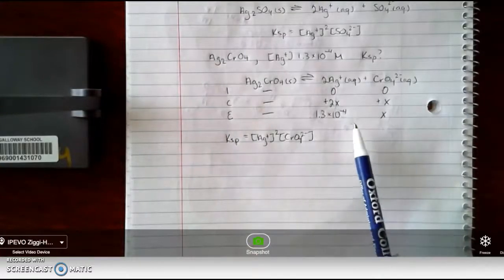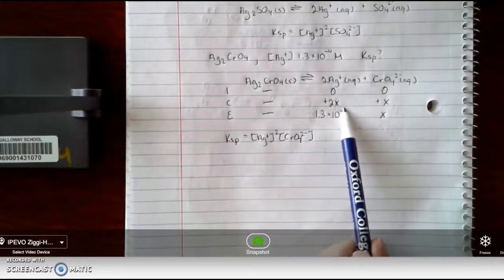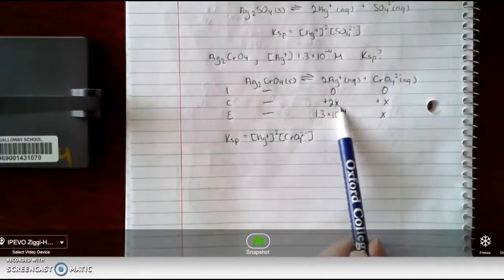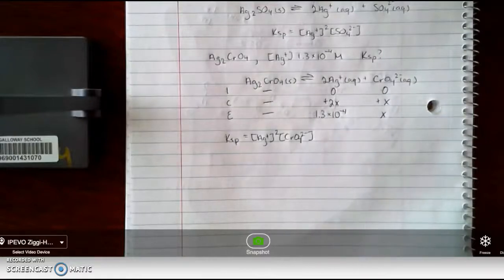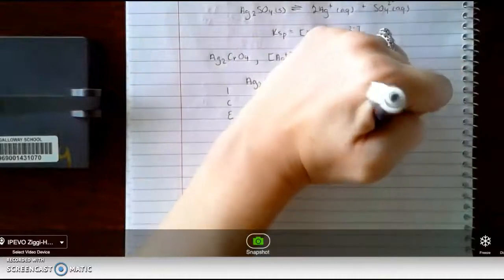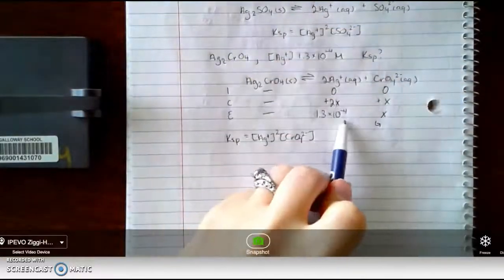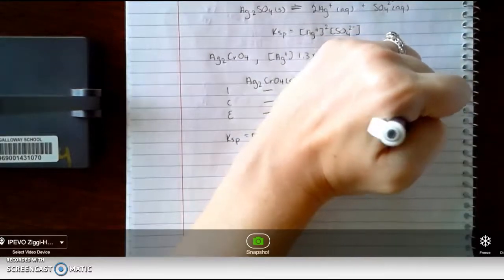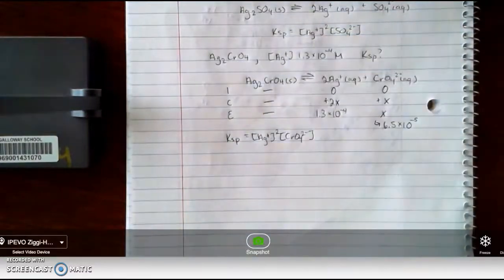All right, so if 1.3 times 10 to the negative fourth equals 2x, we can divide 1.3 times 10 to the negative fourth by 2, and that's going to tell us our value for x. So x in this case is going to be half of 1.3 times 10 to the negative fourth, so that's going to be 6.5 times 10 to the negative fifth.